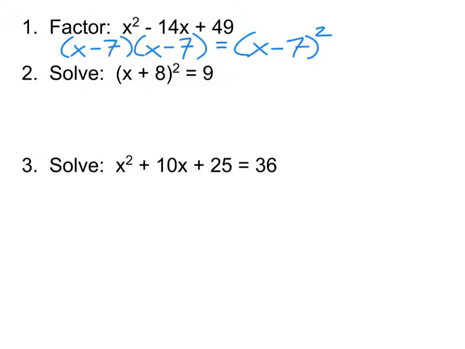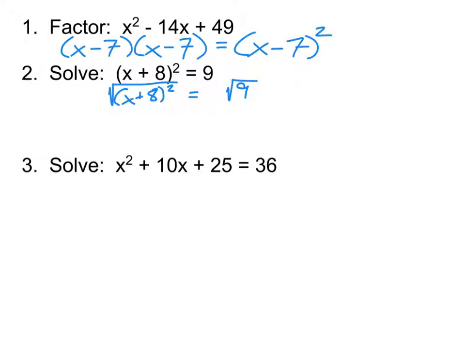Instead, we can use the square root property. In order to get rid of this squared at the start, I take the square root of both sides. So the square root of x plus 8 squared equals the square root of 9, but we have to remember something special at this point. When we take the square root of both sides of the equation, what do we need to remember to include? Plus or minus?